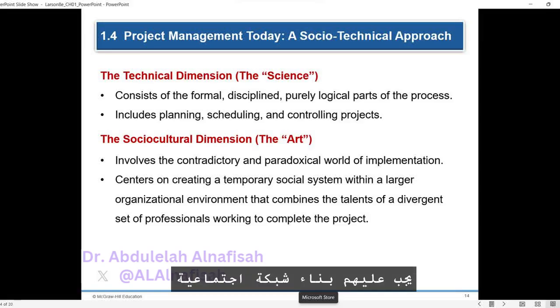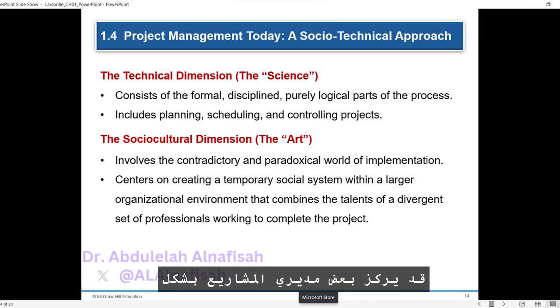They must build a cooperative social network among diverse stakeholders with different standards, commitments, and perspectives. Some describe the technical dimension as the science of project management, while the socio-cultural dimension represents the art of managing a project. To be successful, a project manager needs to master both aspects.